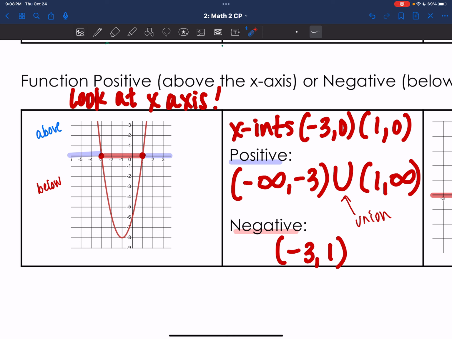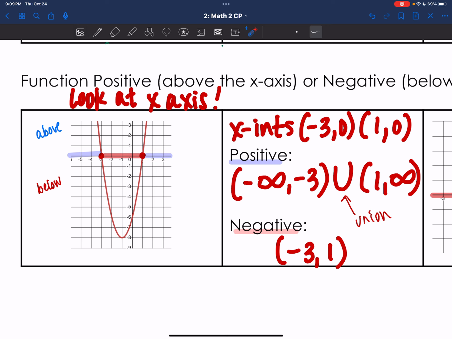So it's above from negative infinity to -3. And then this means that it's also, that it's a second part included. So from here is here. And then from here to there, you've got 1 to positive infinity. And this part is where it's also above.